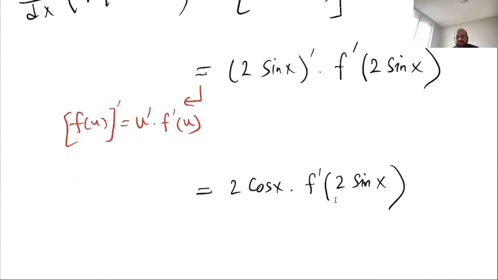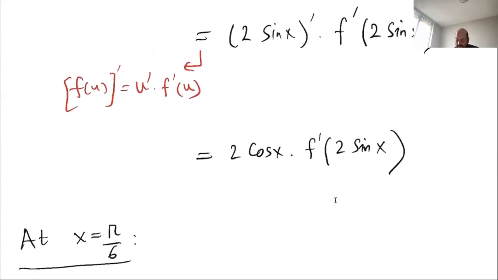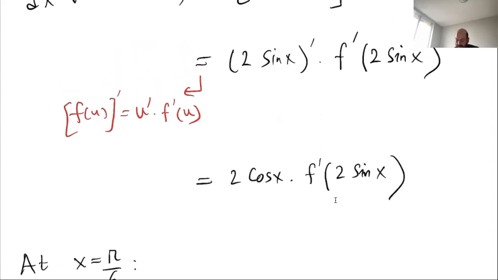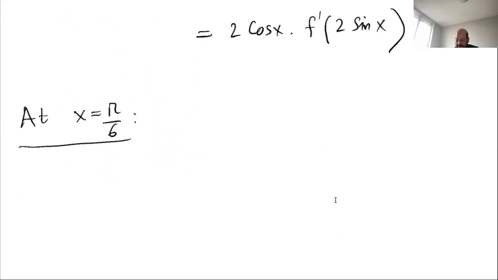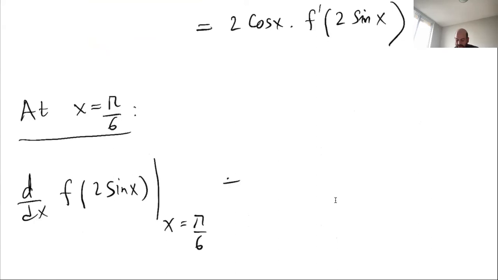Now, what is the value of x? At x equals pi over 6, what can we say? d/dx of f of 2 sine x at x equals pi over 6 is equal to 2 cos pi over 6 times f prime of 2 sine pi over 6.